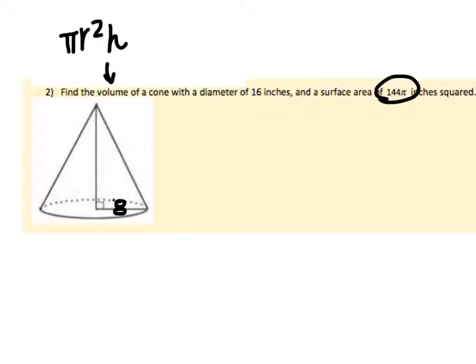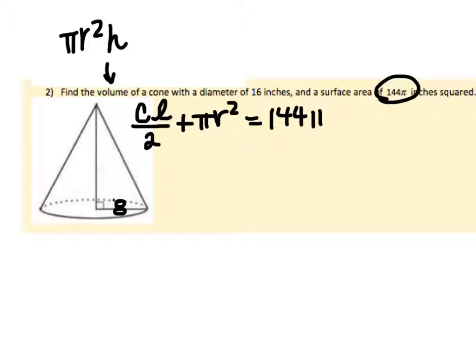So if the surface area is 144, to find the surface area of a cone, I'm going to take the circumference times the lateral area and divide it by 2, and then add in the area of the base. And since I know that equals 144 pi, I'm going to add in what I know. So the circumference is pi times diameter, so 16 pi.